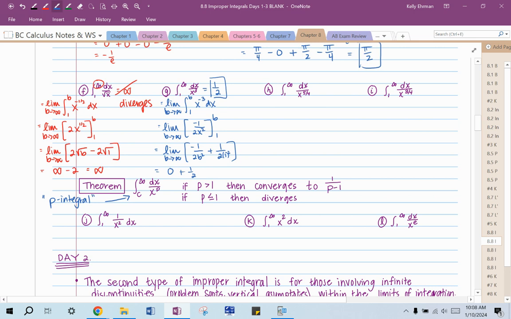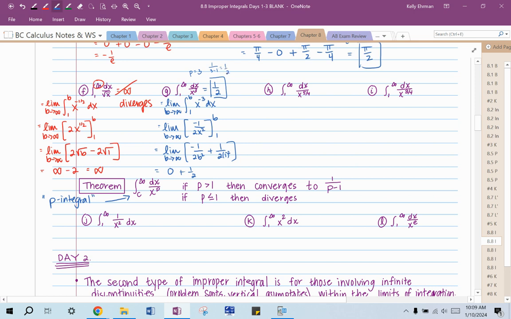So here's the rule. If the power down here in its positive form is greater than 1, then you're going to get that the integral converges. And furthermore, you have a formula for what it converges to. It converges to 1 over p minus 1. We can check the math on that. Here p was 3. 1 over 3 minus 1 is 1/2.